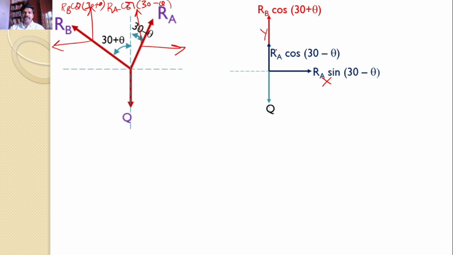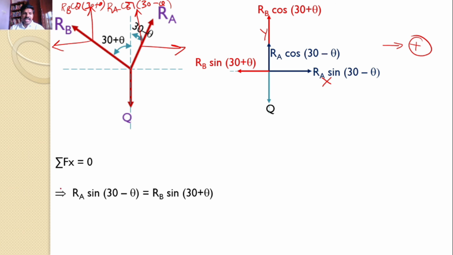Now you can see the vertical component of the force is RB into cos 30 plus theta, and the horizontal component is RB into sine 30 plus theta. Now I can apply the equilibrium condition. Sigma Fx is equal to 0. I will take this side as my positive side. RA into sine 30 minus theta is equal to RB into sine 30 plus theta.